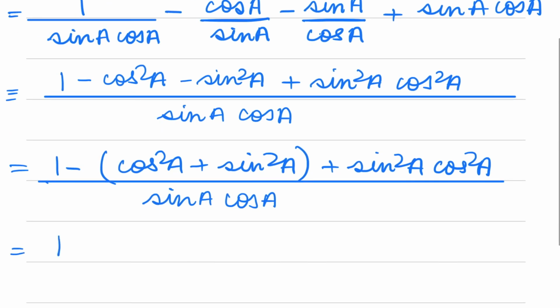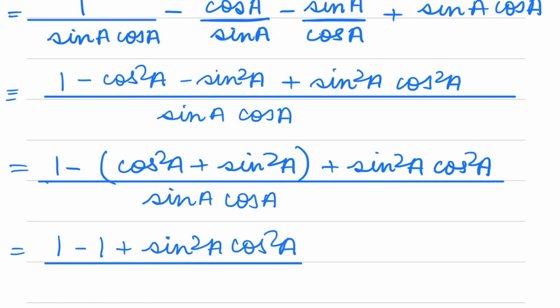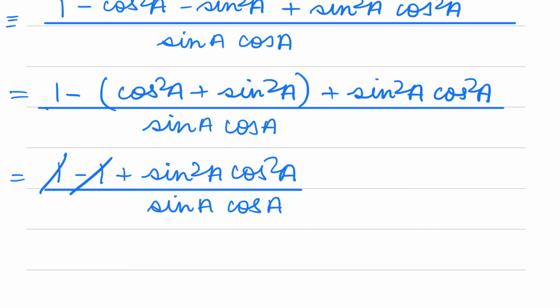Now here we have 1, and sin square a plus cos square a is 1, so minus 1 plus sin square a cos square a, and this gets cancelled, divided by sin a cos a. Now one of the sin a and one of the cos a will get cancelled from the numerator, so I'll get this as sin a cos a.